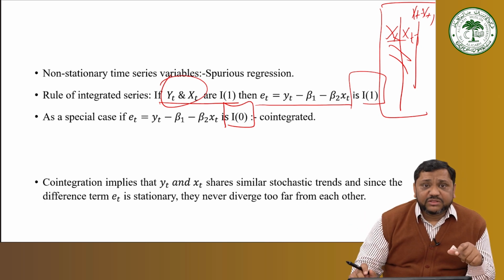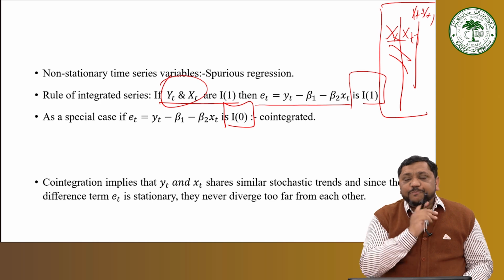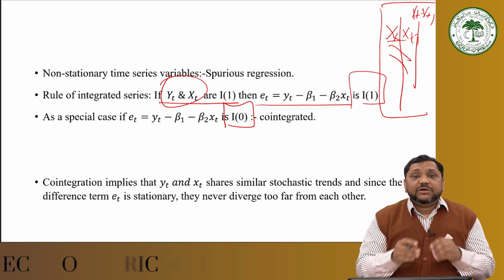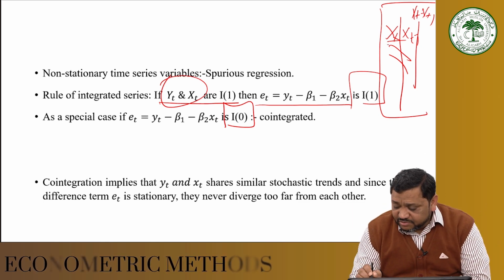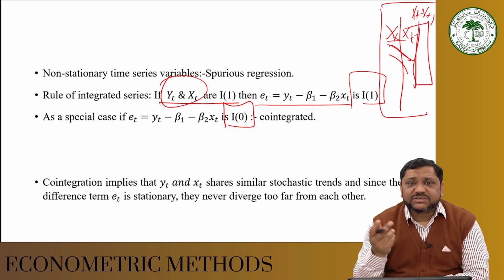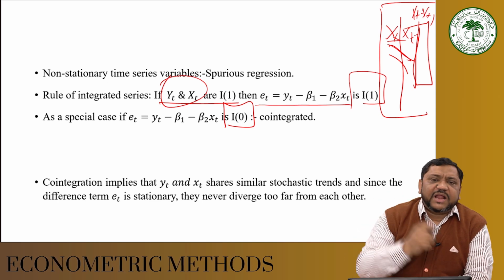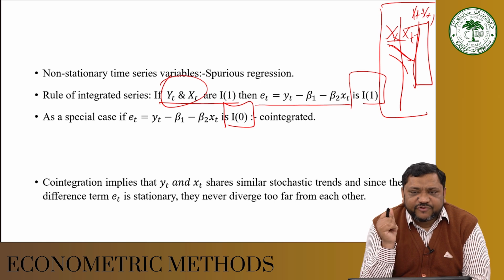But if you are doing this, we are committing a very big mistake, and that is we are destroying all the long run properties. Your resultant series is just the difference of one period over the last period, so you are losing all the long run characteristics.